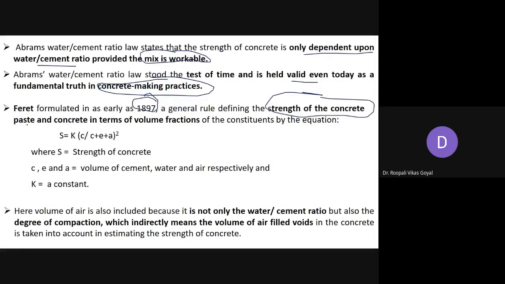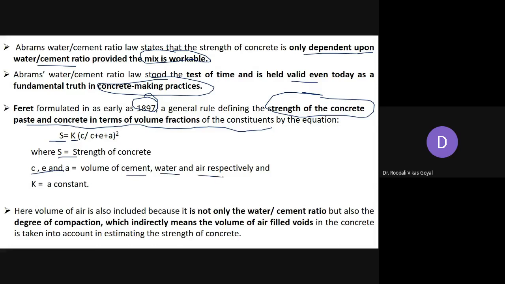Here the strength of concrete is given by K, again a constant, times C upon C plus E plus A, the whole raised to 2. Here C, E and A are the volume of cement, volume of water and volume of air respectively, and K is constant.